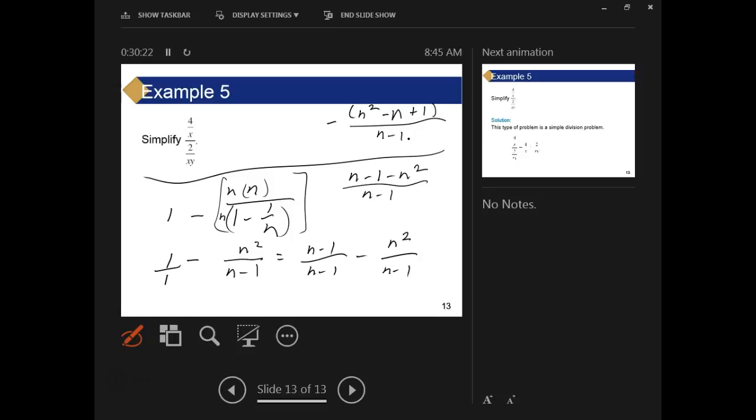So all this that I just did didn't simplify the problem at all. It's another way to write it, but this form is perfectly fine. That is a perfectly good answer. You could have not taken out the minus 1 and made it minus n squared plus n minus 1 over n minus 1. You could write it several different ways, but none of them are any better than the others.